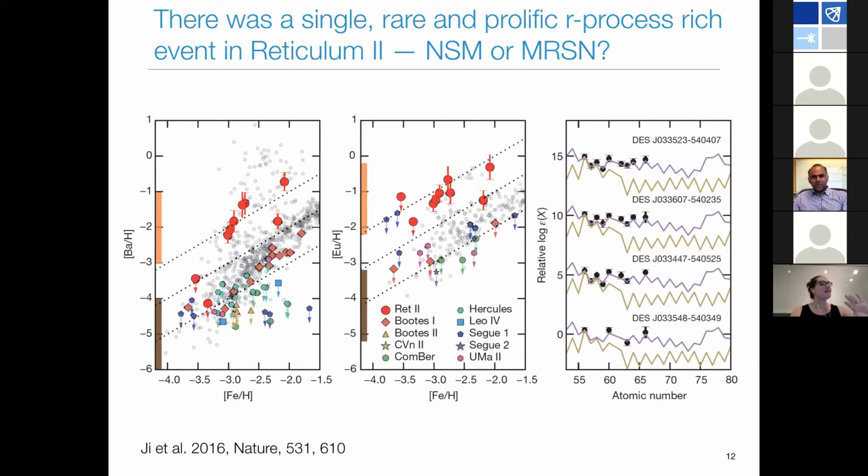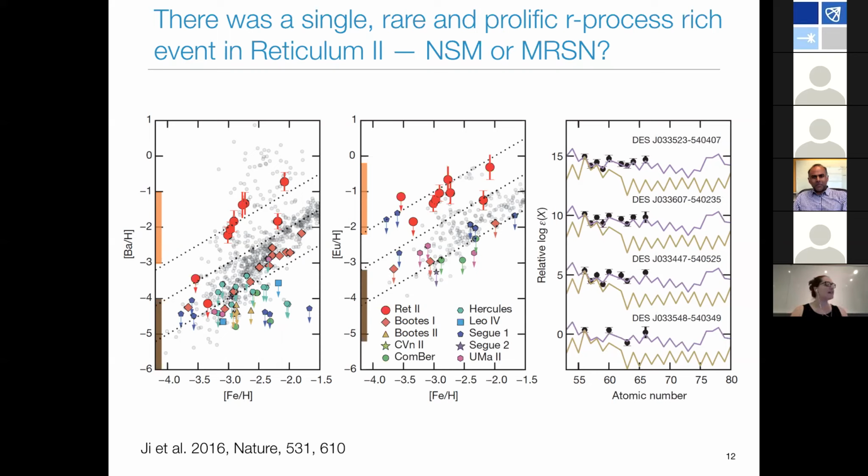What we're seeing here is [Ba/H] on the left as a function of [Fe/H], and then [Eu/H] as a function of [Fe/H], and then the pattern, which shows that the enrichment that we see in these stars is from the R process rather than the S process. This hints at what I mentioned earlier, that the ratios of neutron capture elements can help determine whether it's from the R or S process.